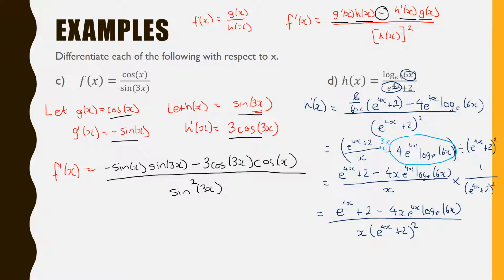And that is as nice as this is going to get. I know it doesn't look great, I know it's not that simple, but we actually can't simplify this much more. We could expand the denominator if we wanted to, but there's not really any need. And so that is our final answer.